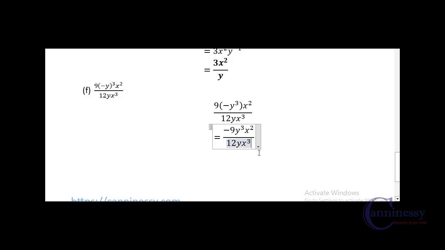Okay, so now here is going to be equal to a negative.